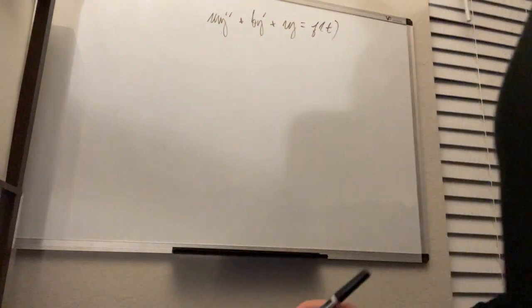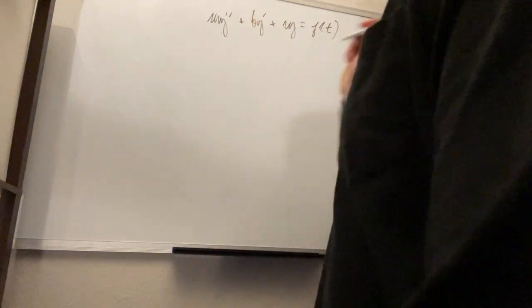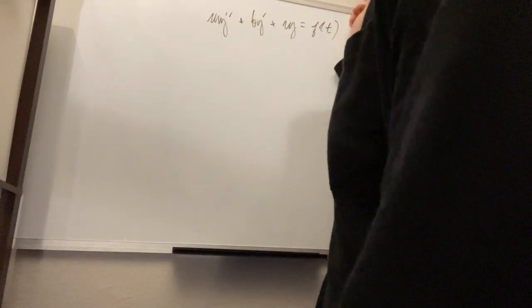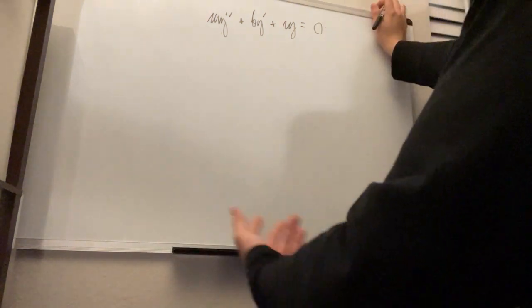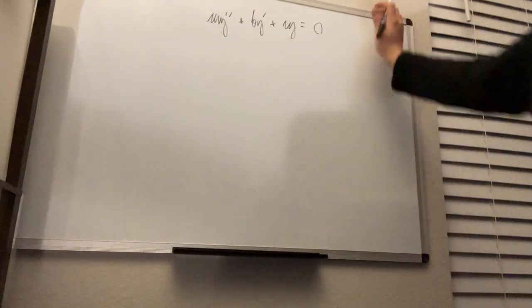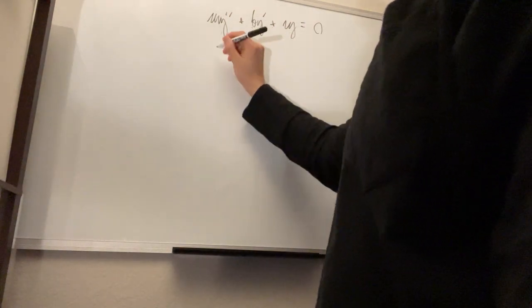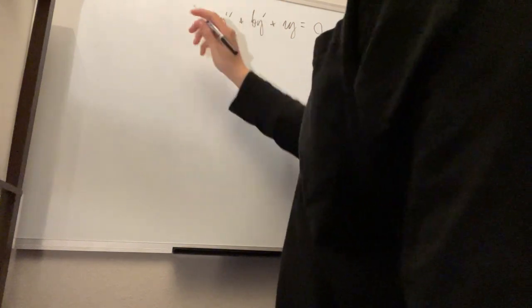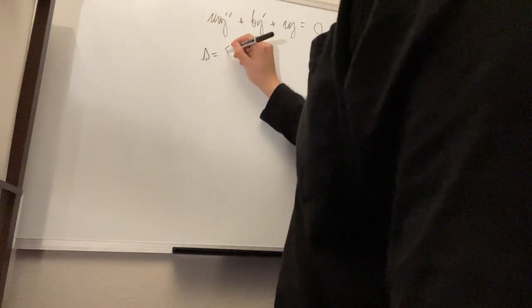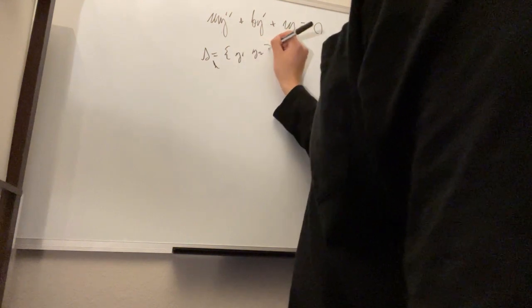The first thing we're going to do is find the homogeneous solution, the two solutions to ay double prime plus by prime plus cy equals 0. Suppose the solution set of this is y1 and y2.